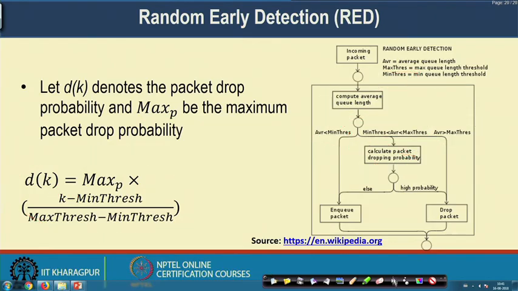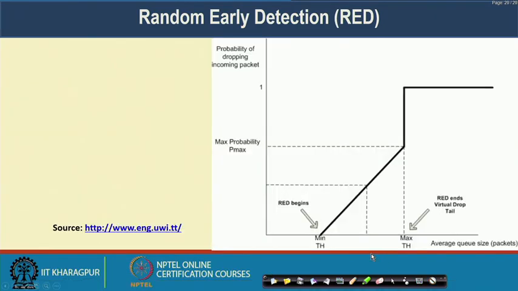To look into the significance of this equation, we plot the packet drop probability with respect to the average queue size. You will see that whenever it is less than the minimum threshold, your packet drop probability is 0. After that, the packet drop probability increases linearly, based on the equation that we have written.